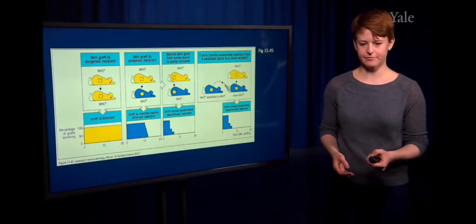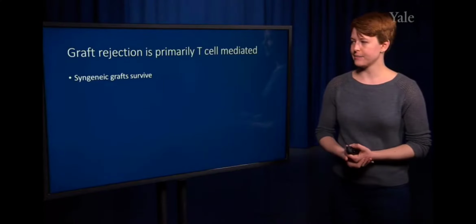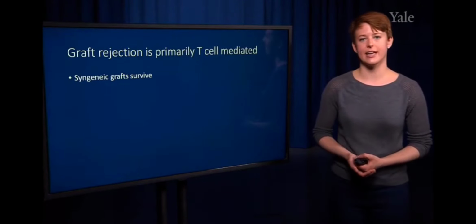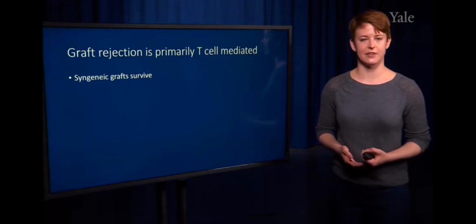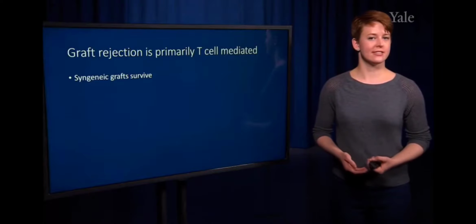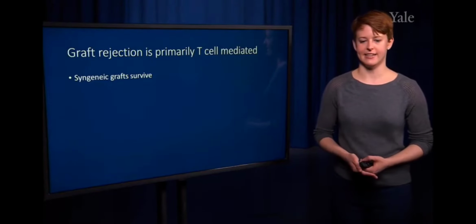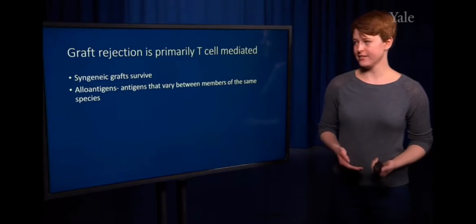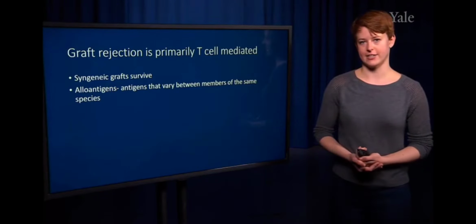And so, as I said, syngeneic grafts survive. So if the graft is from an individual that has the same genes, then it is going to be recognized as self. However, in animals with differing genetic backgrounds, we have something called alloantigens.